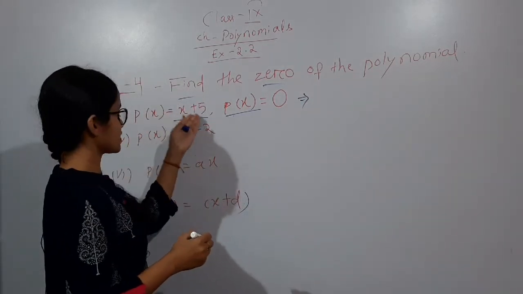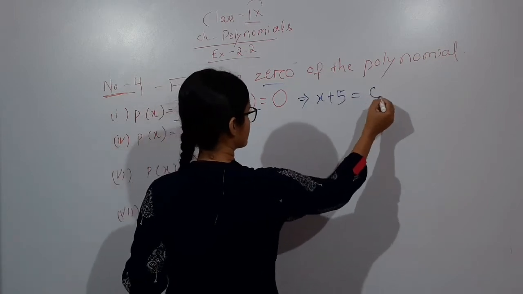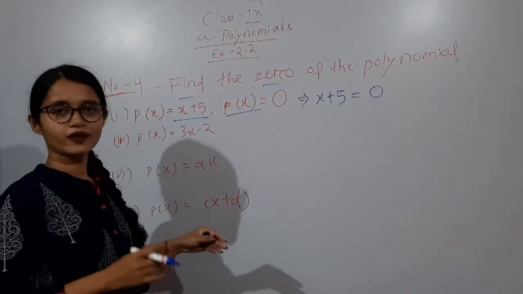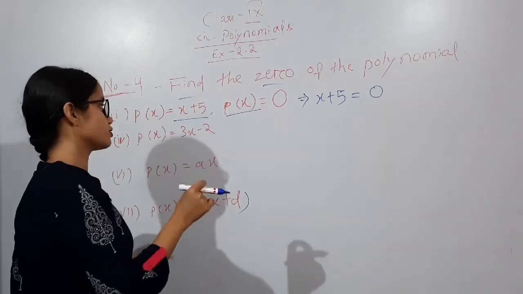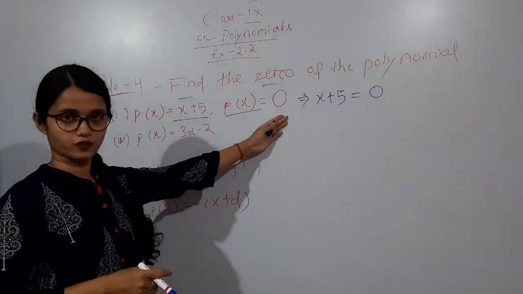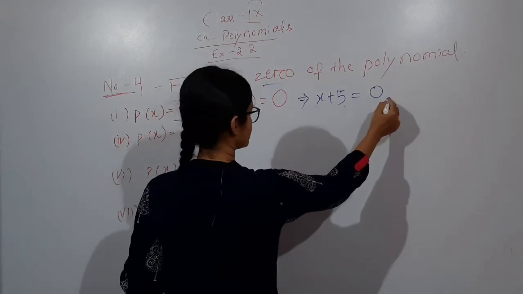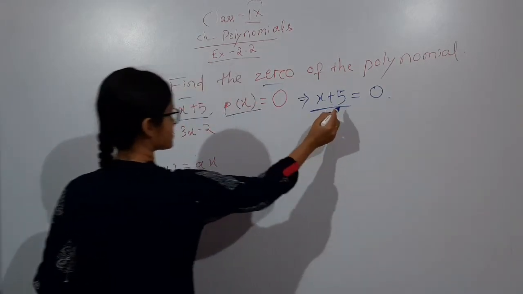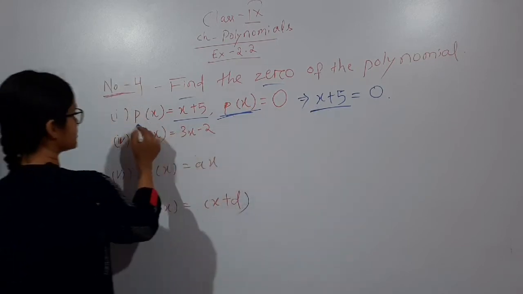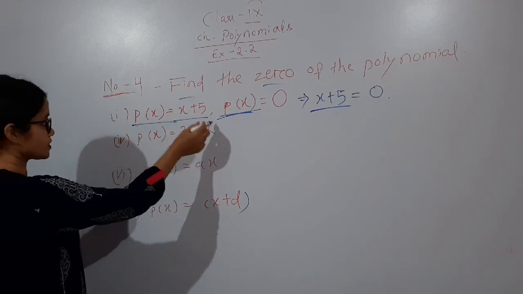the polynomial is x plus 5, so x plus 5 is equal to 0. As we know, when we put the value of x in a polynomial, that should be equal to 0. Okay, so x plus 5 is equal to 0, because as in the question it is written that p(x) is equal to x plus 5.